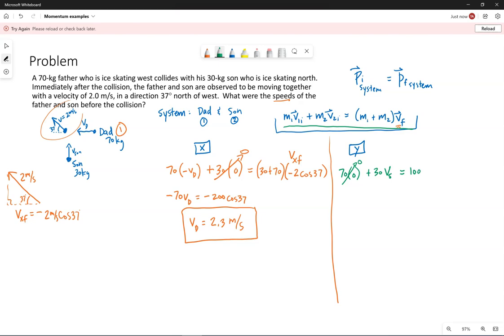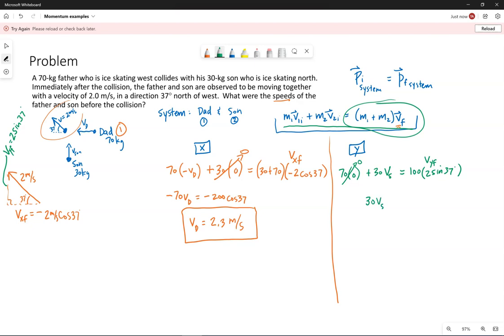So that has to equal their combined mass times the final y component of the velocity, which we have to come back here to our triangle. Vy final is upwards. It's going to be 2 times the sine of 37. So that's what we want to put in over here, because we're taking the mass times the velocity, and specifically the y component.